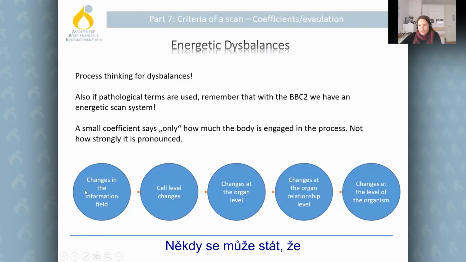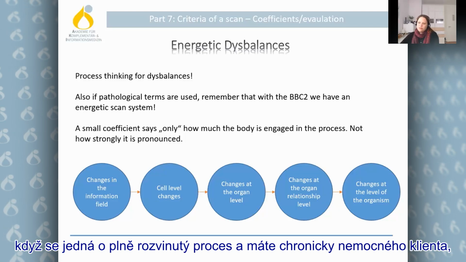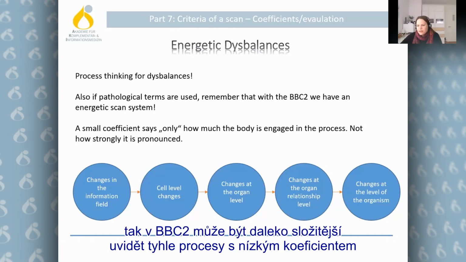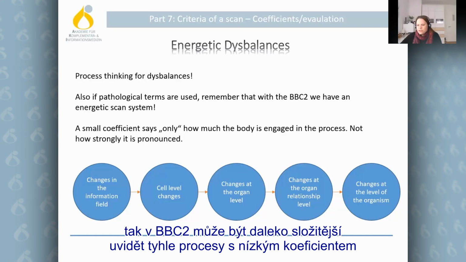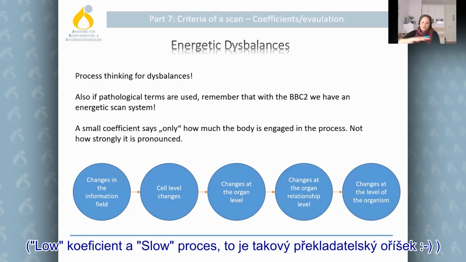So sometimes it can happen that when the process is in the fully developed state and you have a chronic ill patient, in the BBC it can be much harder to see the process with a low coefficient.